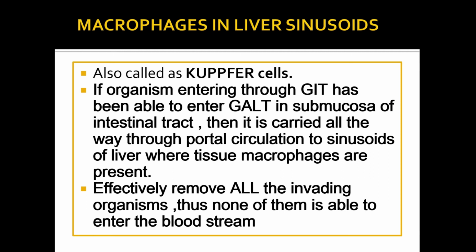It means if it crosses the tonsils, the GALT, and then enters the circulation, we still have the chance to stop this bacteria, because through the portal circulation this blood will reach the liver, where the tissue macrophages will effectively remove the invading organisms, so none of them is able to enter the bloodstream.